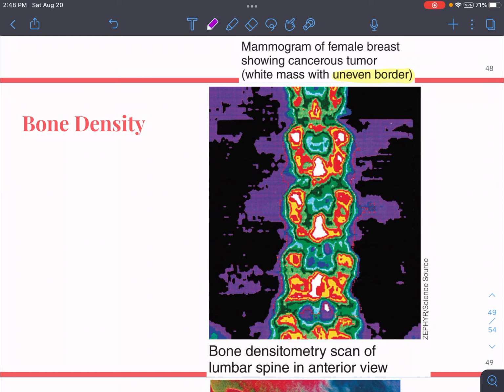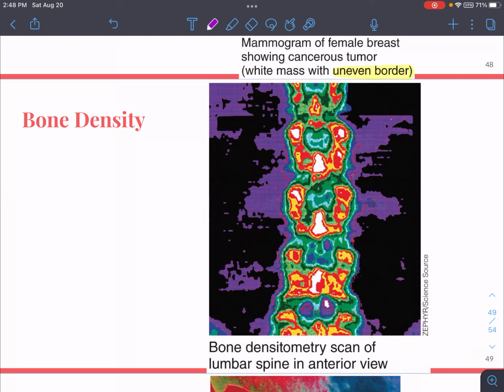So sometimes this needs to be looked at, especially with older females after menopause, which is when most females have problems with bone density. I'll talk about ways to help prevent bone density loss when we get to the skeleton and the bones.